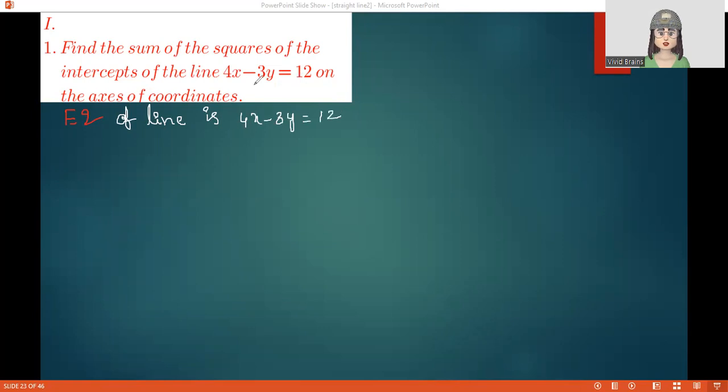Because here they stressed on intercepts, we have to write the given equation in the intercept form. So what is the intercept form of a line? Intercept form of a line is x by a plus y by b is equal to 1. So the RHS should be 1.